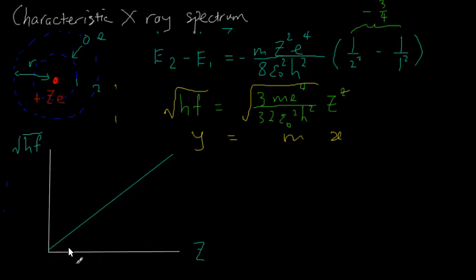So let's imagine the possible atomic numbers, like 1 for hydrogen, 2 for helium, 3 for lithium, 4, 5, 6, 7, and so on. For each of these elements, suppose that the X-ray spectrum is measured.